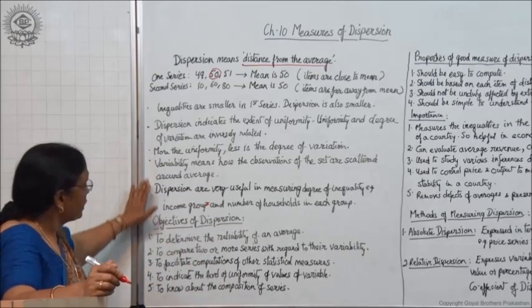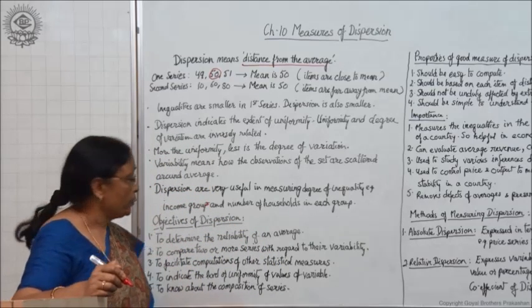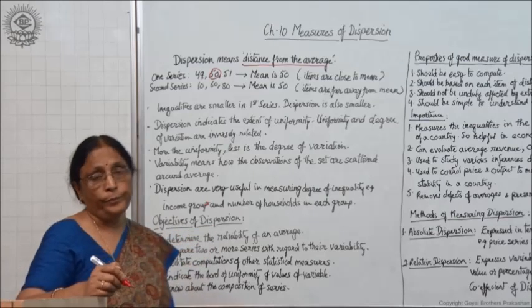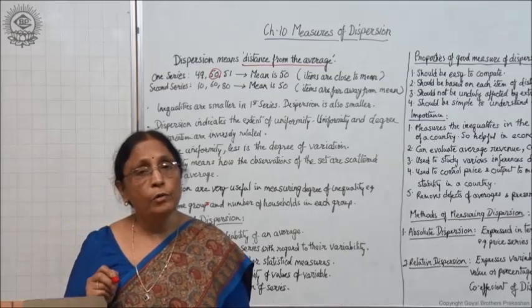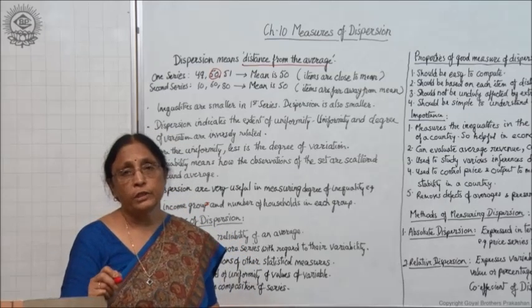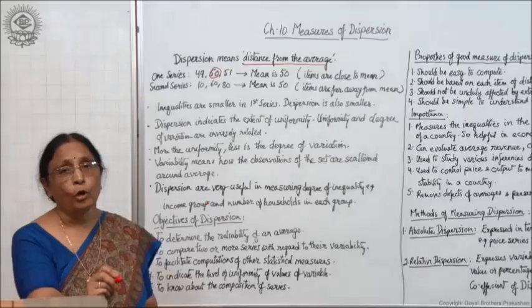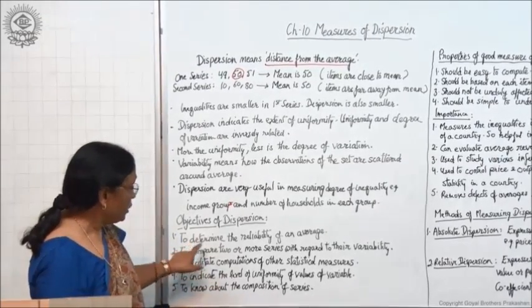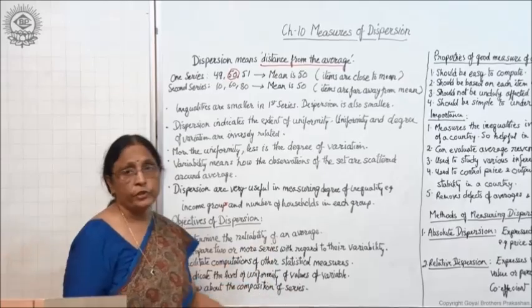Now, after understanding the meaning of dispersion, we come to objectives of dispersion. That means how dispersion is helpful to us. What is the objective of learning dispersion? To determine the reliability of an average.